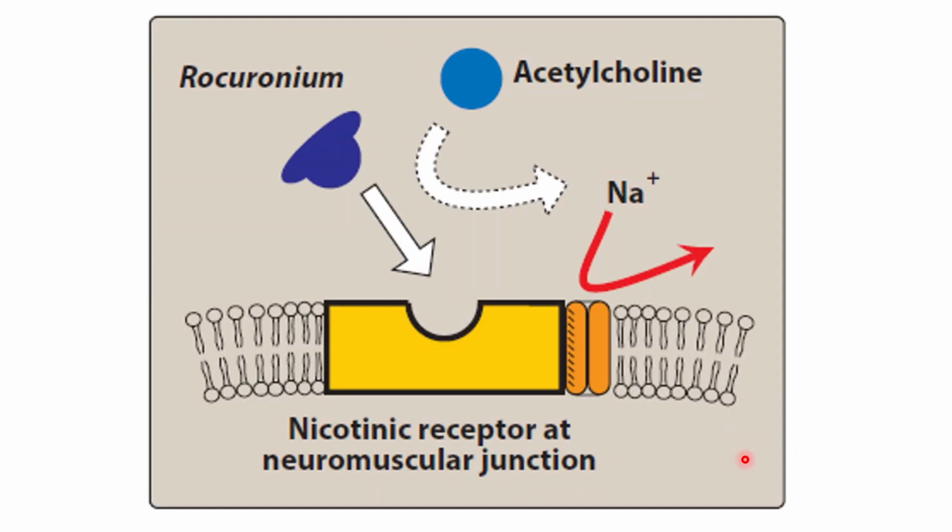The neuromuscular blockers will also act on the nicotinic receptor, and that will inhibit acetylcholine activation of the receptor, and the sodium channel will be blocked, so there will be no contraction.